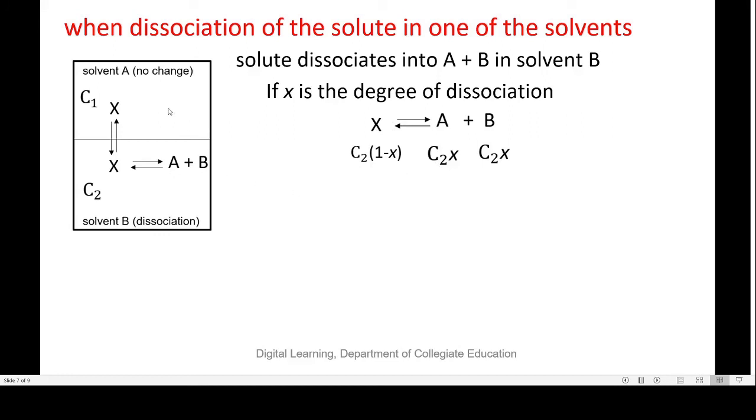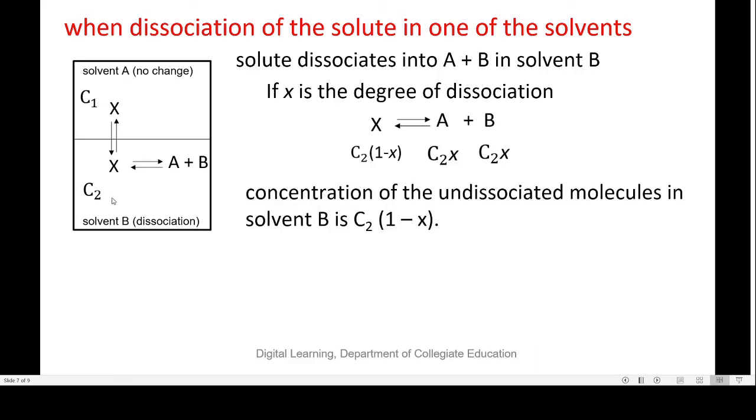So now the concentration of solute X in the normal form is C1 in solvent A. The concentration of normal, that is undissociated, molecule X in solvent B is C2 into (1 minus x).